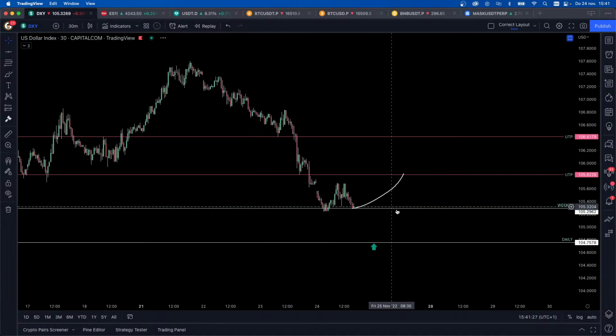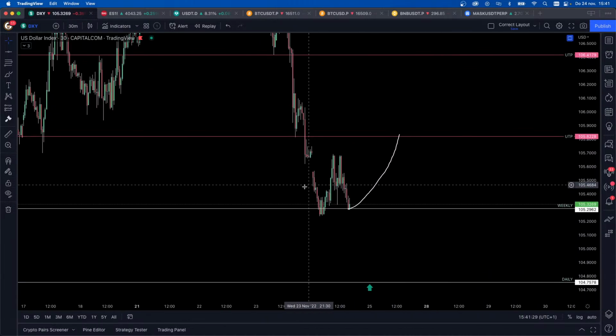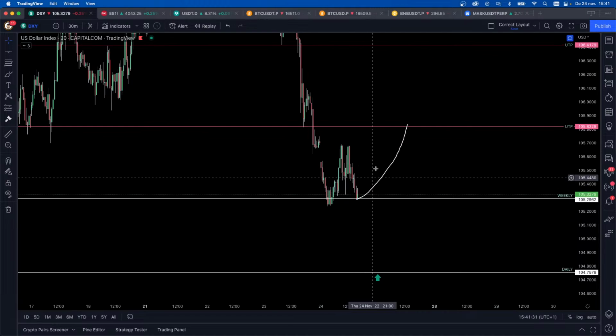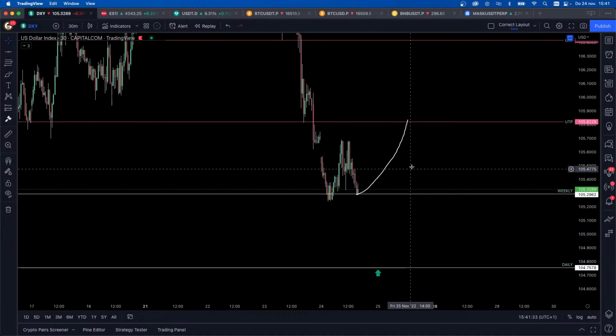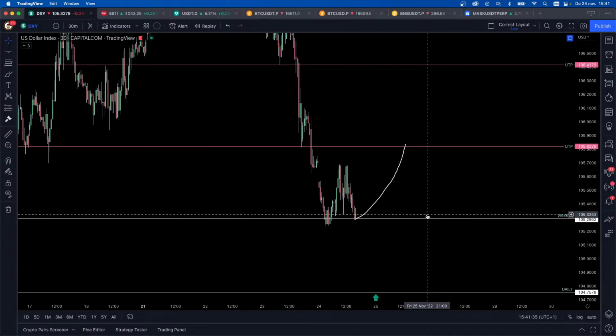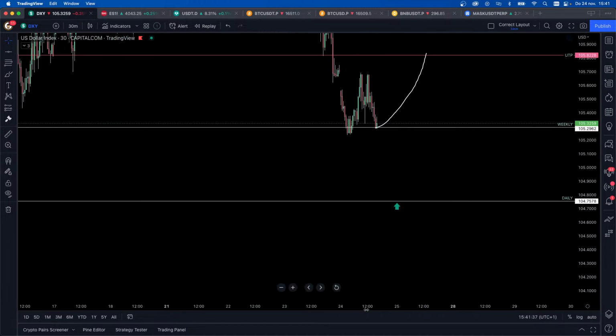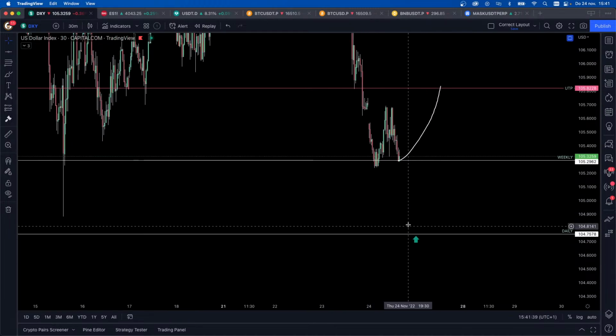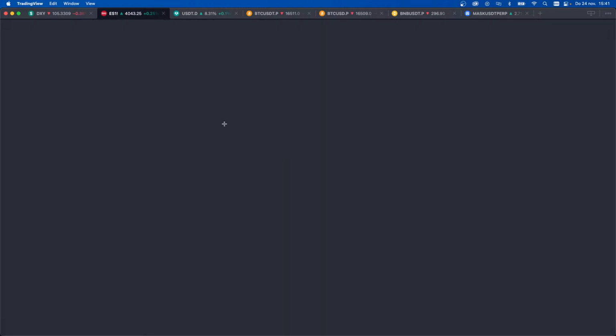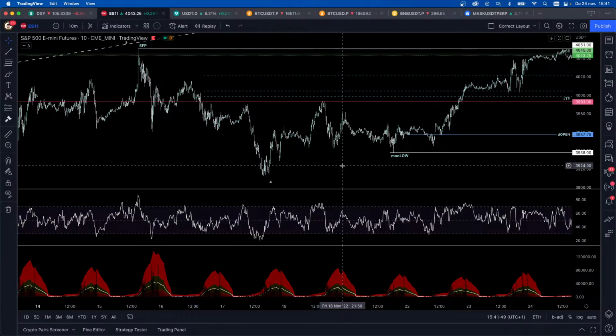So I am still looking at the dollar here as a potential bounce area. I would definitely like a move back towards untapped price region with this daily in the back of my mind. Then the ES, so that's basically the S&P 500 futures, which is also a very important chart.